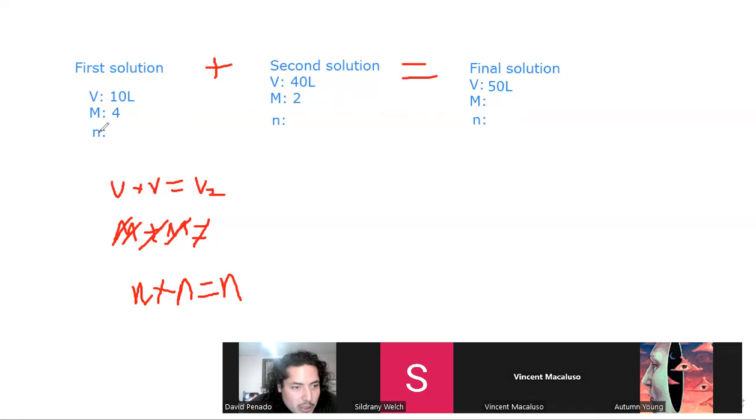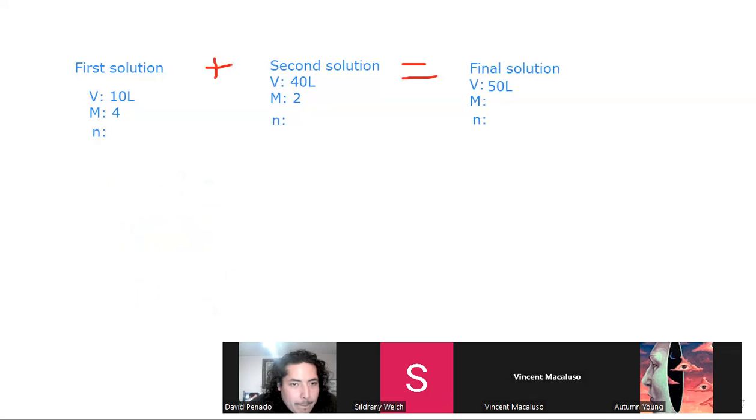So that means we need to get the moles for the first solution. How do we get that? I was doing M, which is 4 times my volume, 10. That would be 40. And on the other side, 2 times 40 is 80. 4 times 10 is 40.